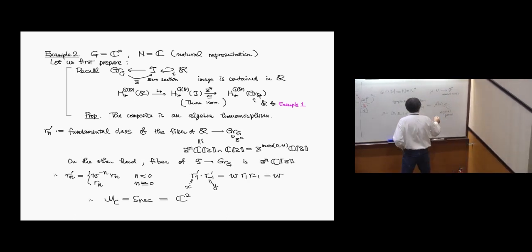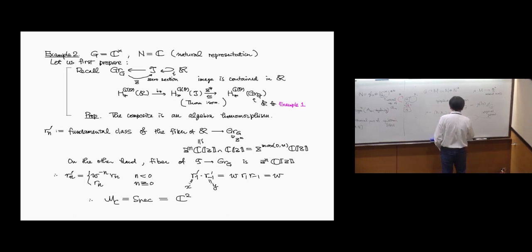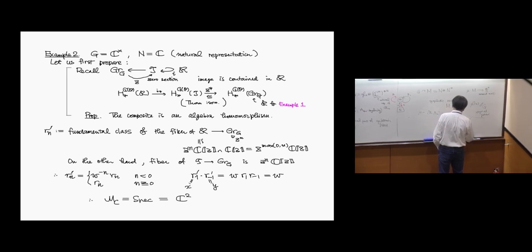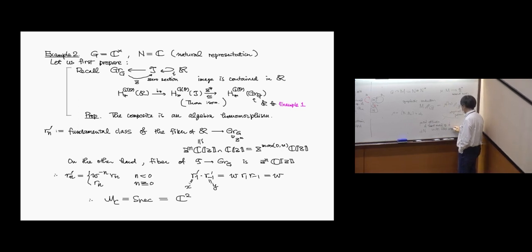But anyway, this is a partial compactification of the framed moduli space of rank n vector bundles over P2, trivialized at the line at infinity.